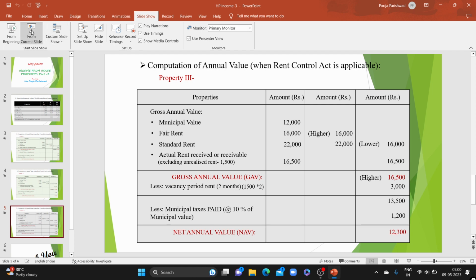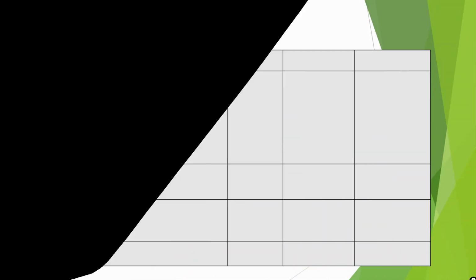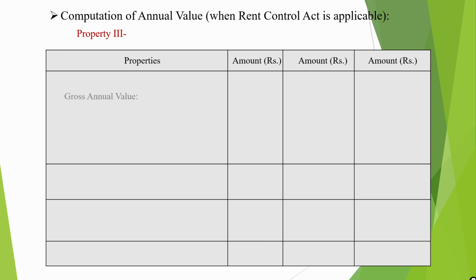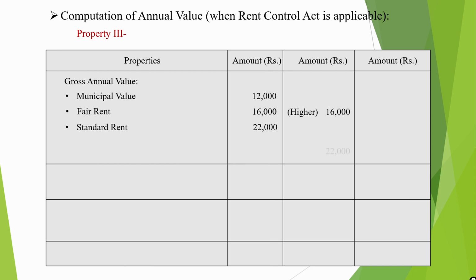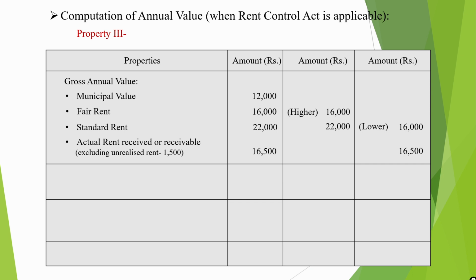Now see here, after considering the given information, you have to compare 16,000 with 16,500, which is actual rent received or receivable after excluding unrealized rent of rupees 1,500 in case of house property 3.